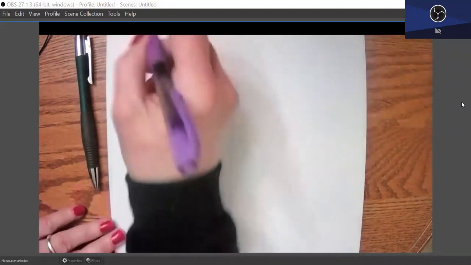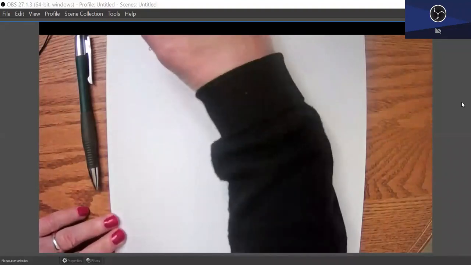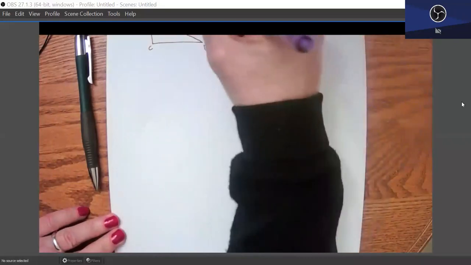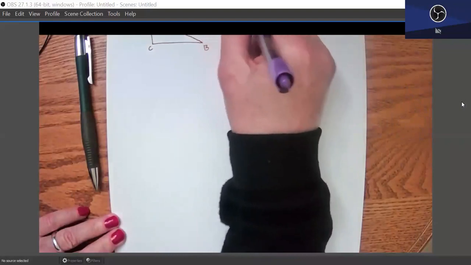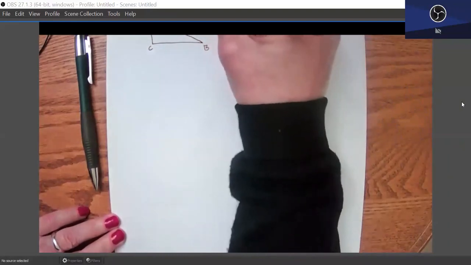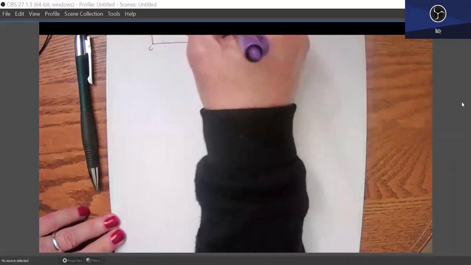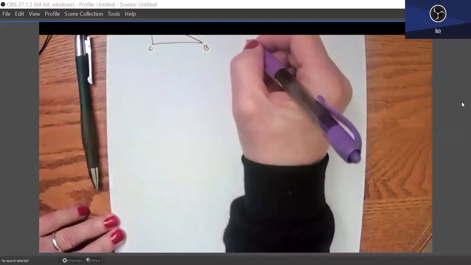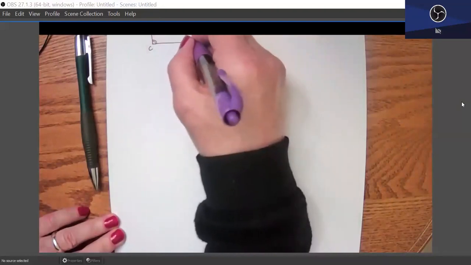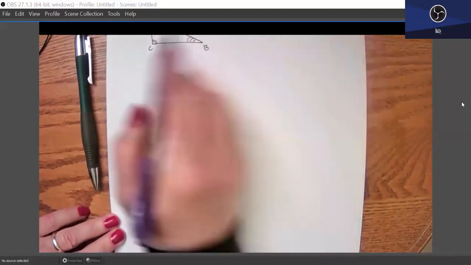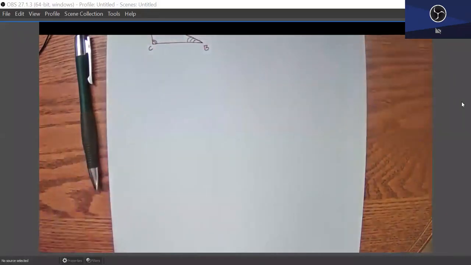So here's A, C, B. Here's N, P, M. Single loop, single loop. I'm marking the correspondence. Two loops, and then three loops. So A corresponds to N. Angle C corresponds to angle P.